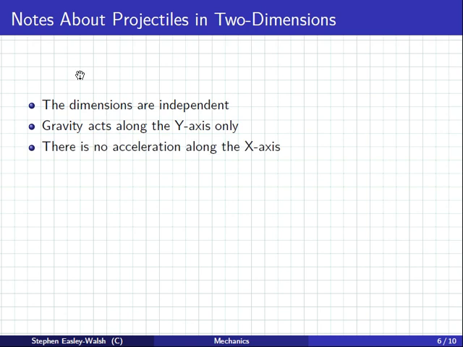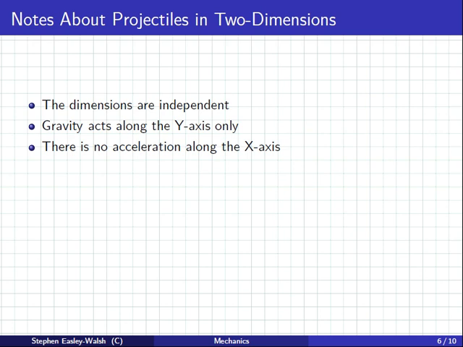There's no acceleration in the x-axis because there's no force in the x-axis. What do you mean there's no acceleration on one axis?